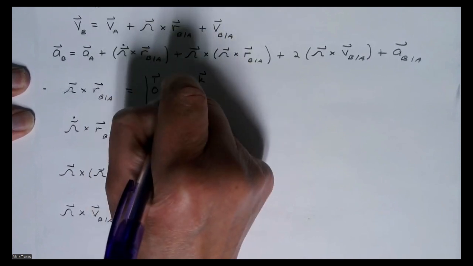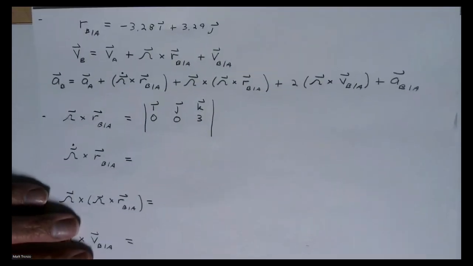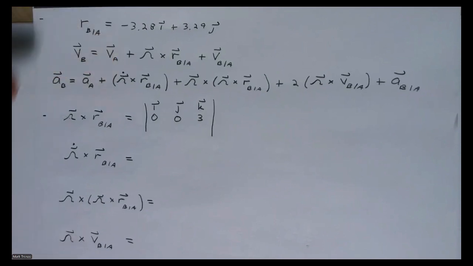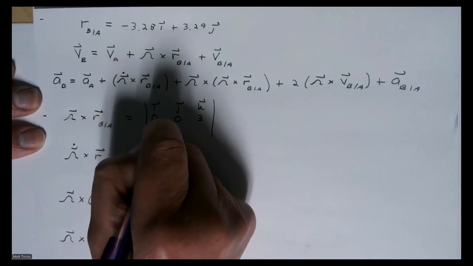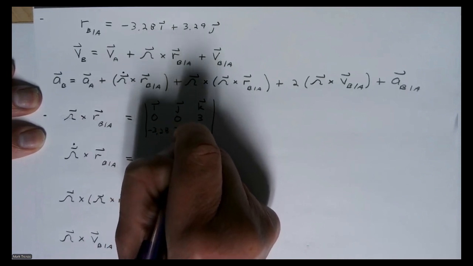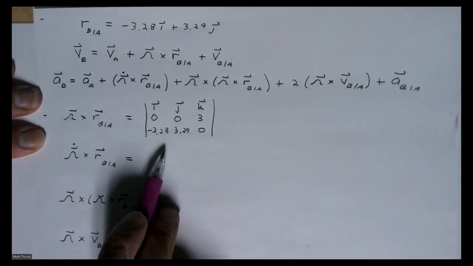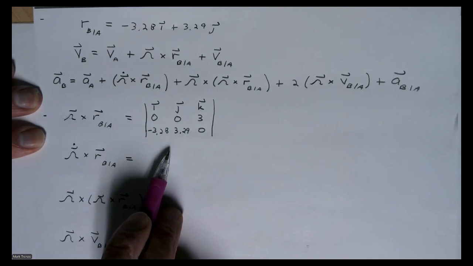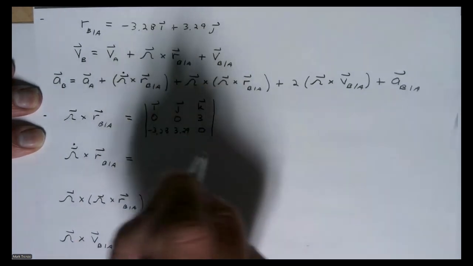Just be 0, 0, 3. And then RBA, which we found a minute ago, is right up here: negative 3.28 and 3.29. I didn't realize how close those were to each other. Usually they're not going to be that close. That's just quite a coincidence.